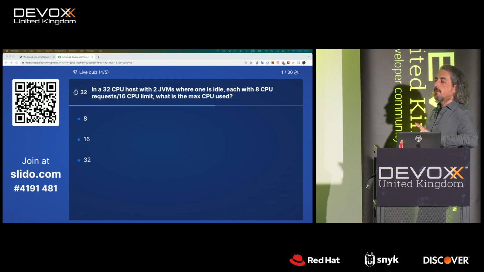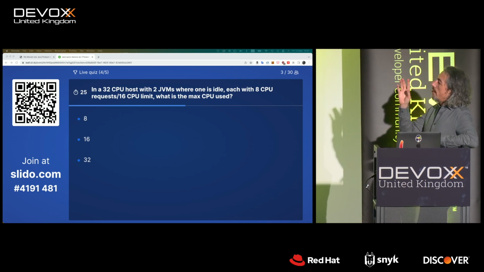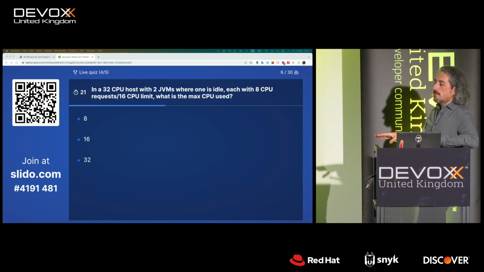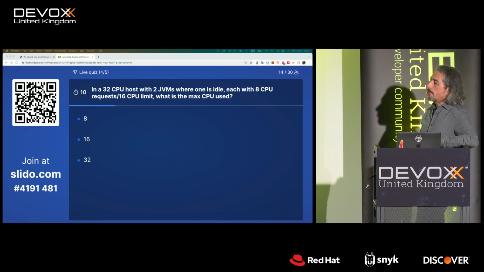What is the maximum CPU that is going to be used on that node? So one JVM is doing nothing, the other one is using as much as possible, but both have a 16 CPU limit. I'm giving more time to this question because it's complicated.